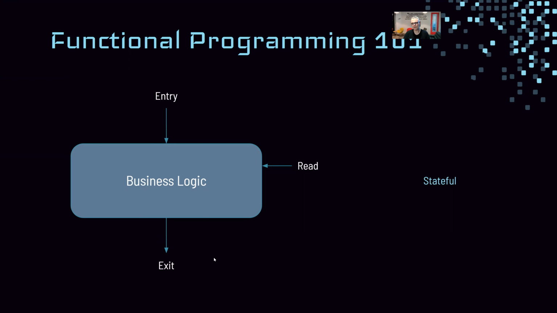For example, the read operation where we asked for a blog post to be rendered. Well, we passed in an ID and we got back HTML that was stored previously. And we could only do that by reading the data from somewhere else. So that endpoint is stateful. Again, if we have the entry and if we can observe what is being read, we can again predict everything that happens.